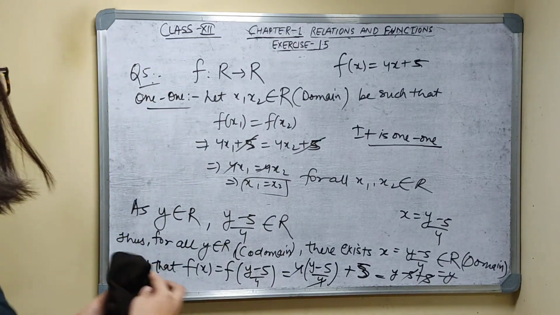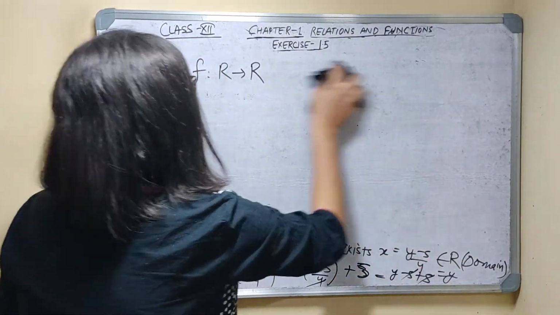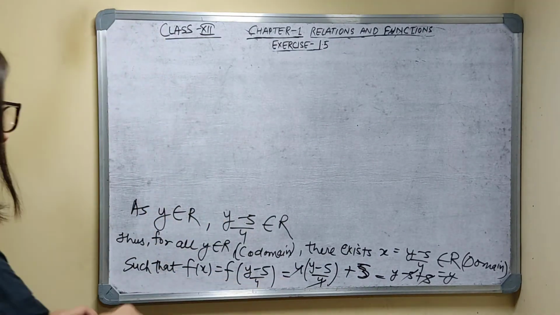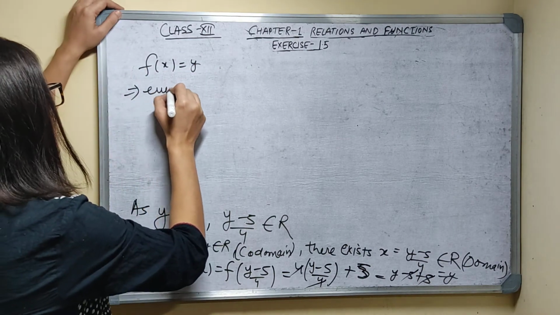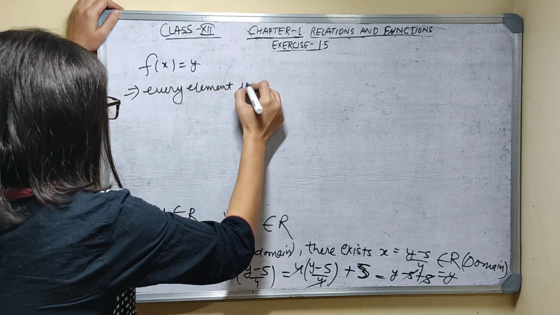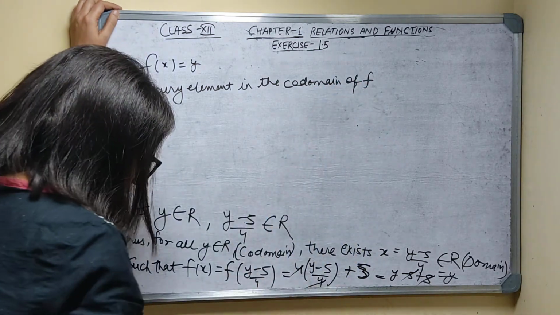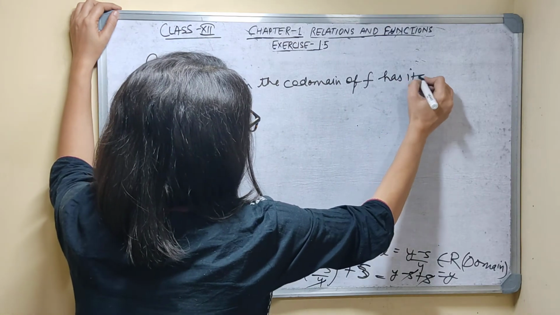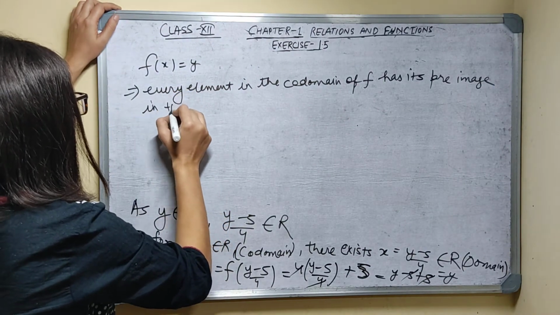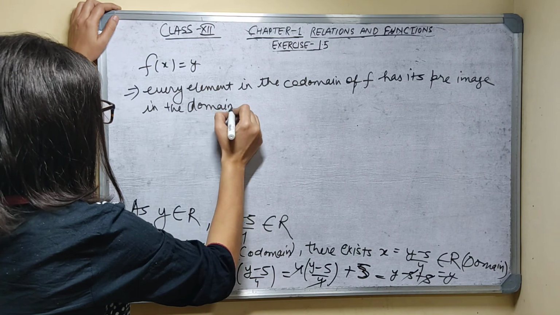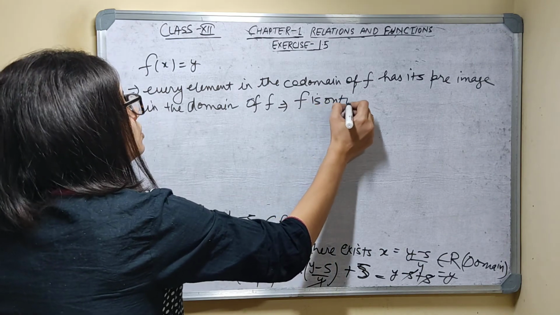So I can say, f of x is equal to y, every element in the codomain of f has its pre-image in the domain of f, or I can say f is onto function.